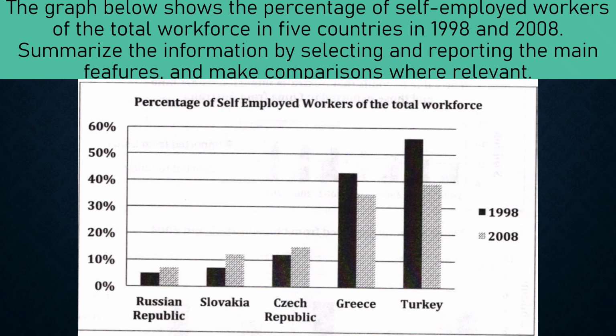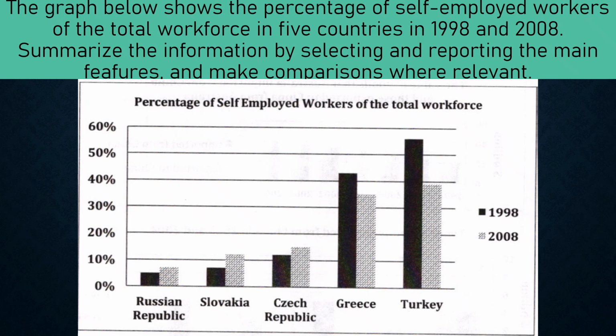The people of Greece and Turkey doing their own business were 43% and 56% respectively, but they decreased to 35% and 39% respectively by 2008. So this was the total explanation or illustration of the graph.